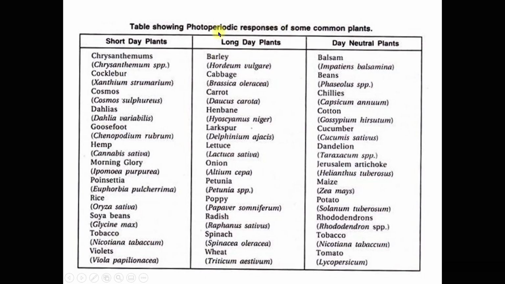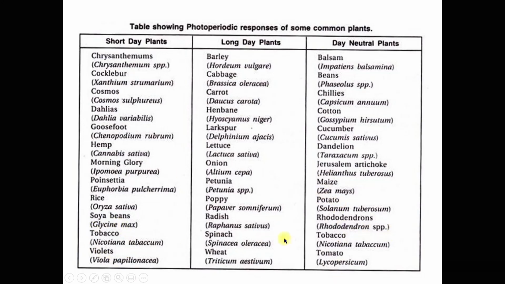Whereas the long day plants examples are barley, cabbage, carrots, lettuce, onion, petunia, poppy, radish, spinach, wheat. These are examples of long day plants. The neutral plants are balsam, beans, chilies, cotton, cucumber, dandelion, maize, potato, and then tomato.